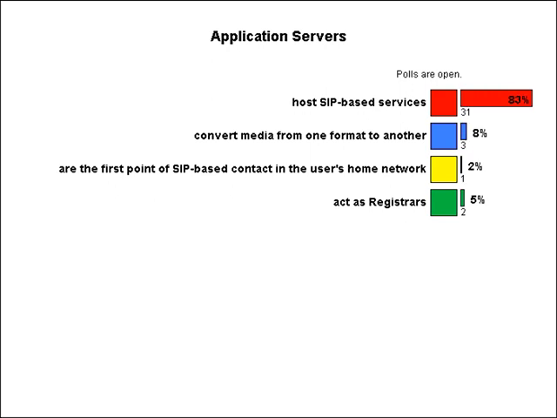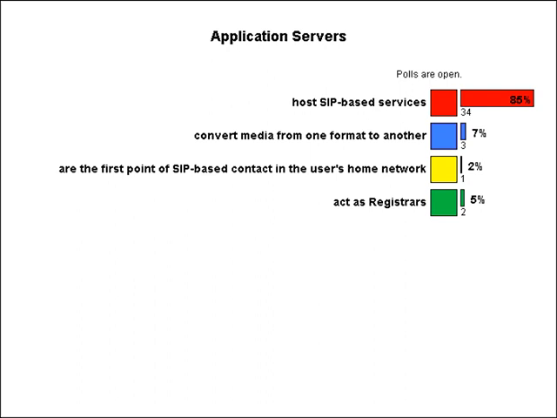Okay, about 85% got it right. So, for example, they can support SIP-based applications such as voice over IP, SMS, presence. Converting media from one format to another, that is the media gateway. First point of contact in the home network.